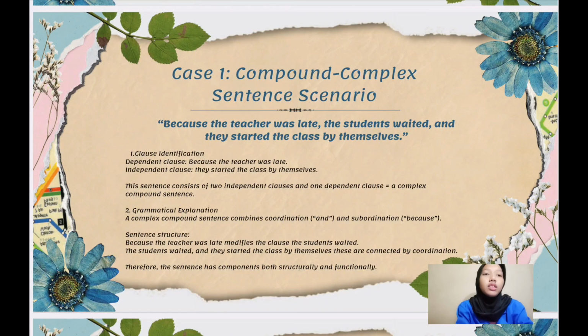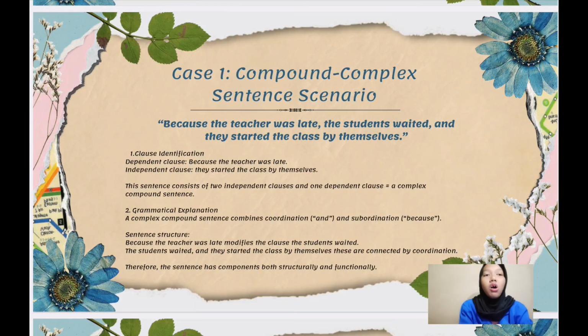This sentence contains two independent clauses: the students waited and they started the class by themselves, and one dependent clause: because the teacher was late. So it combines both compound and complex features, which makes it a compound complex sentence.